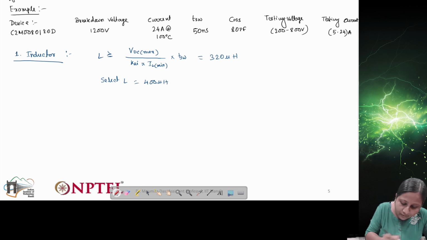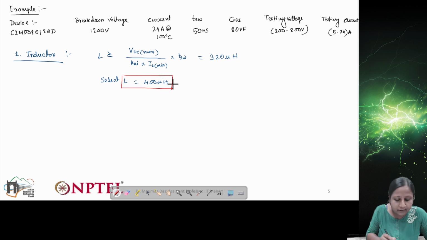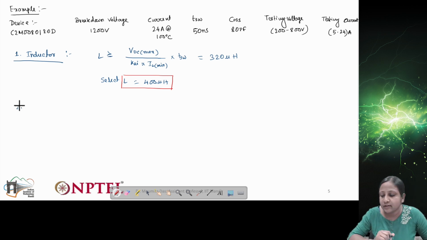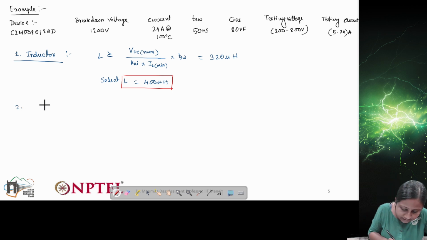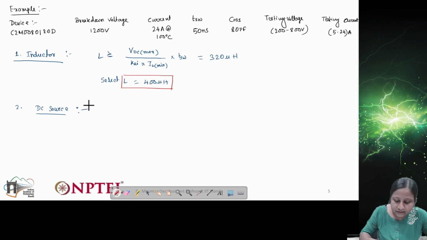So this is our L. We got one parameter. Now the second parameter was the DC source. What should be the DC source? The DC source voltage VDC should be more than or equal to the maximum DC voltage.